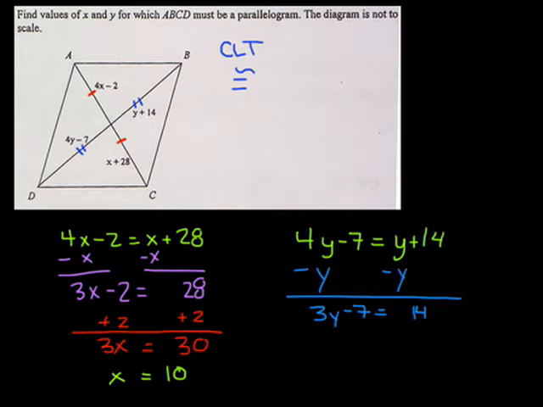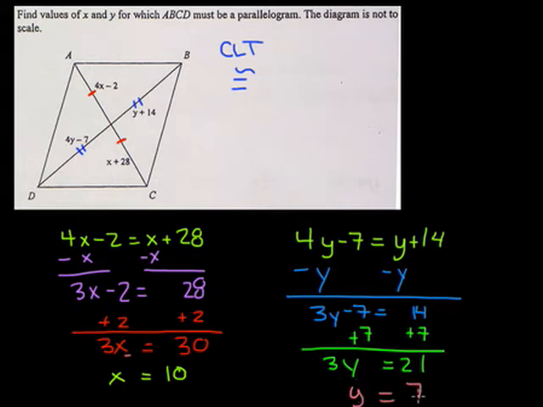And what can we do now? Well, we can add a 7 to both sides. So let's go ahead and do that. Plus 7, plus 7. And that gives me 3y equals 21. And so if I solve that, I get y equals 7. So y is equal to 7.